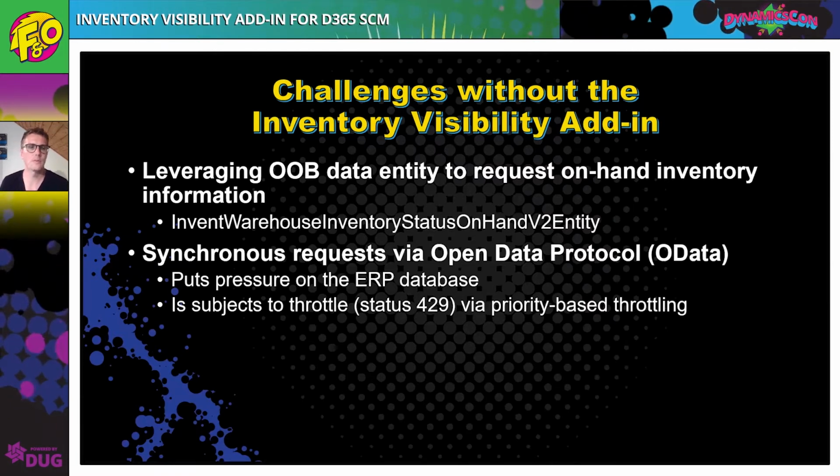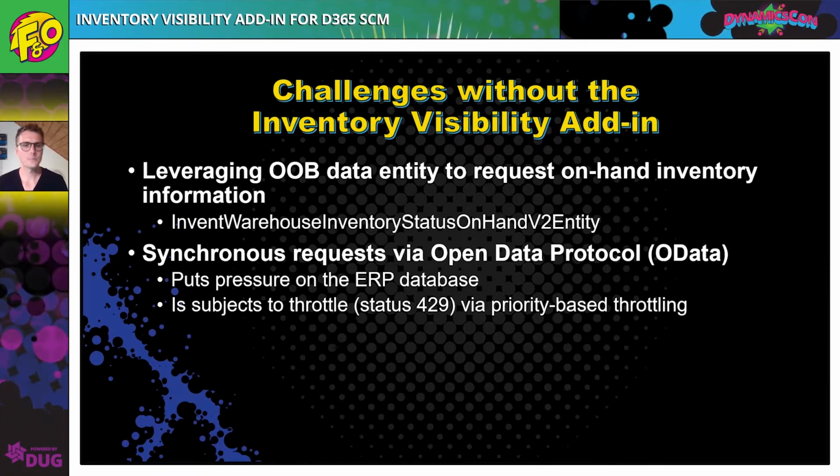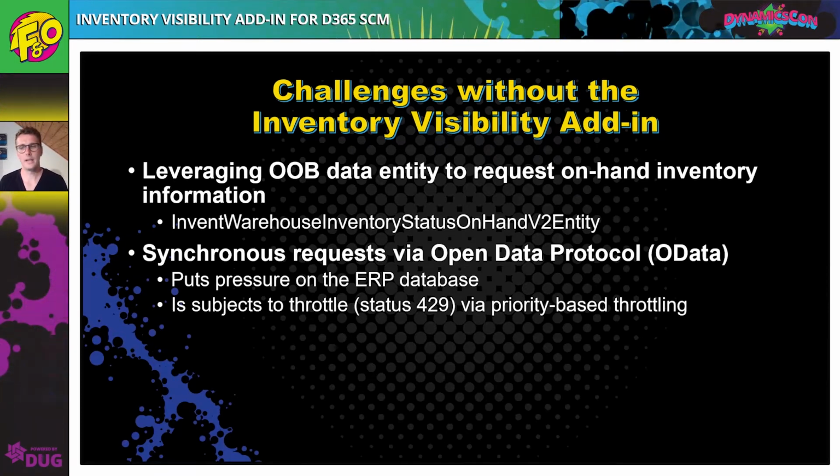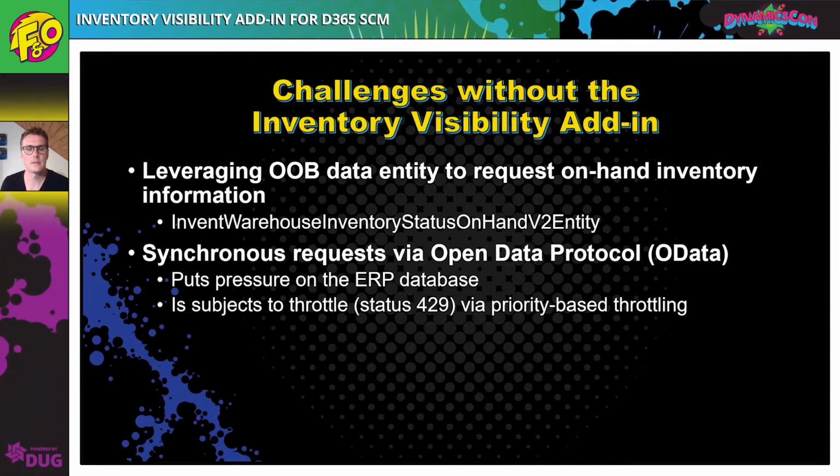The full name of the data entity you will see down there, that it is the invent warehouse inventory status on hand v2 entity, and you can query the on-hand information for different items, for different warehouses, for different inventory statuses via this entity via the OData protocol.